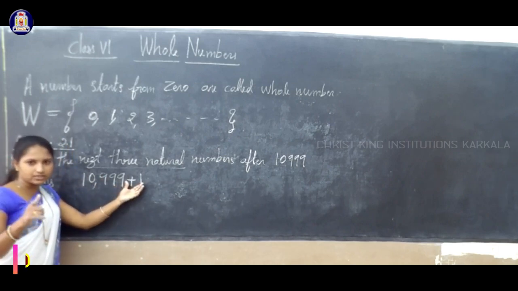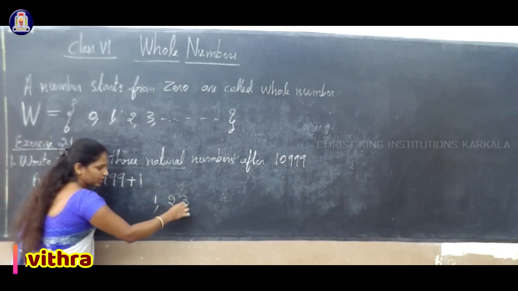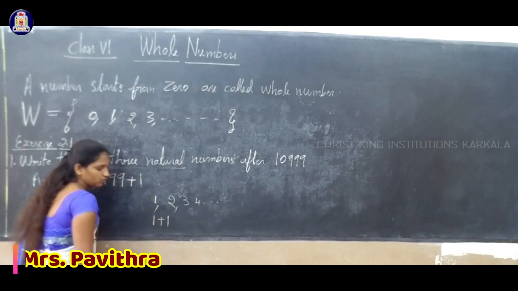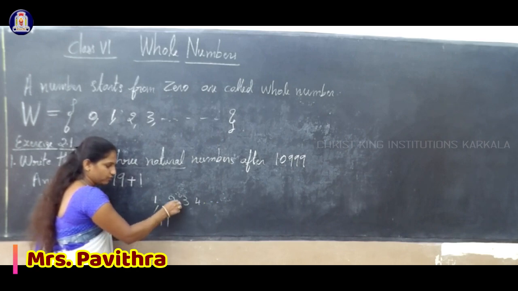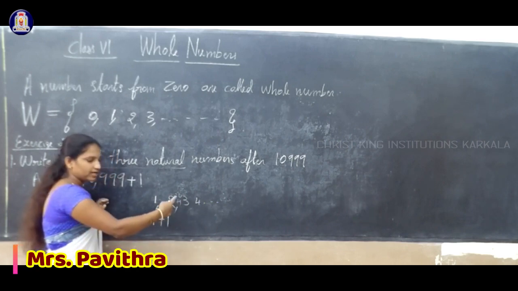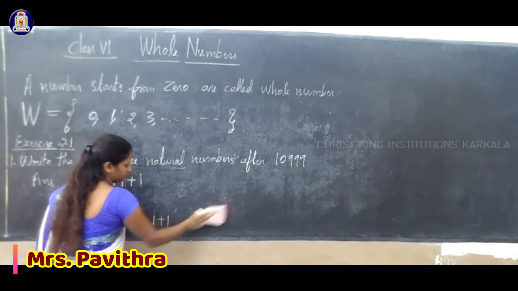So 1 plus 1 means we get 2. After 1 we get 2, 3, 4. How we get this? Because for this 1 we have to add 1. So 1 plus 1 means 2. Next again if you add 1, 2 plus 1 we get 3. Again 3 plus 1, 4.